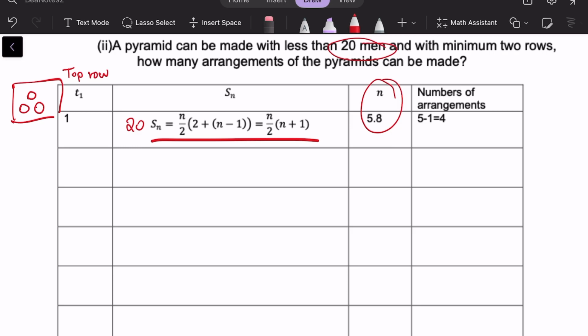So we can have 3. We can just use 3 of them. We could just use 6 of them. We don't have to use all 20. We could use 10 of them, etc. So that's why we go 5 minus 1, because the maximum number that we can make is 5 rows, but we can always use less if we wanted to.